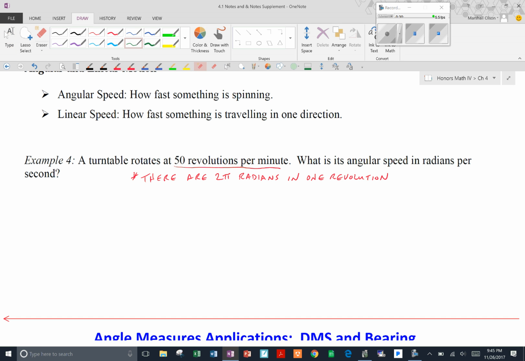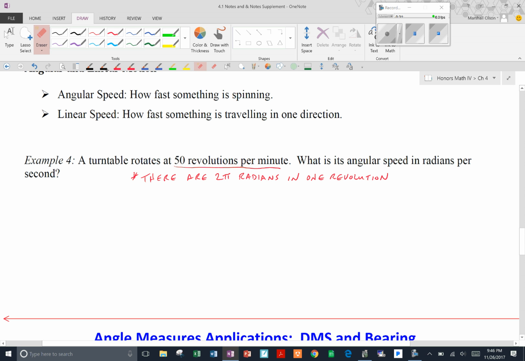And then another one here, since it says 50 revolutions per minute, and then they want to know per second, we also need to know that there are 60 seconds in 1 minute. Okay, but I think we're okay with that one. This is the one that we need to make sure that we understand.